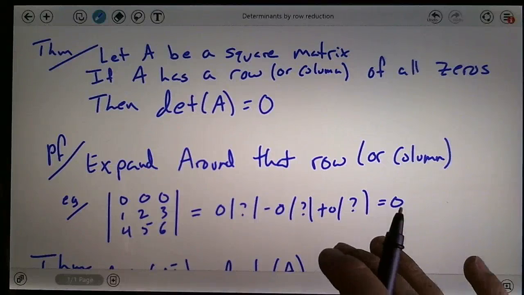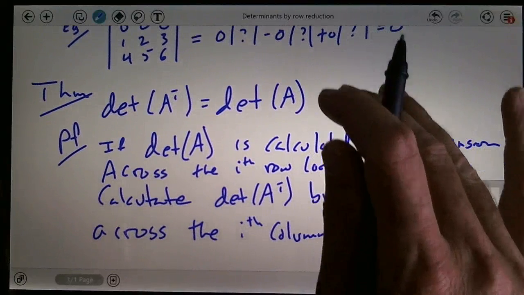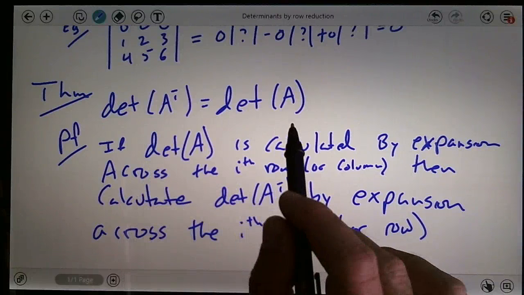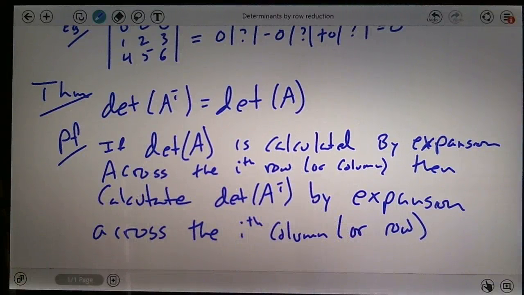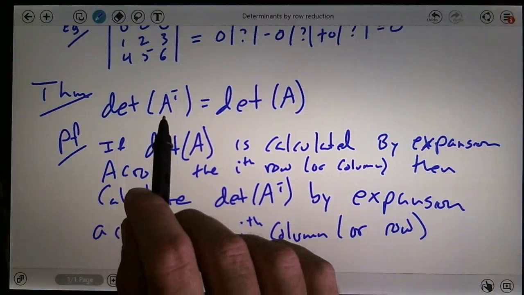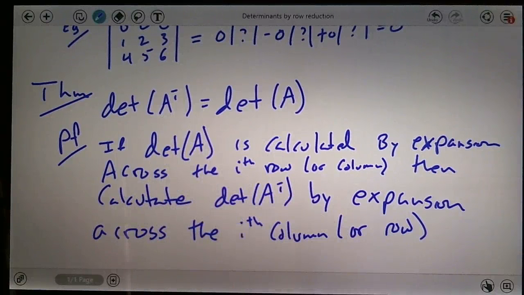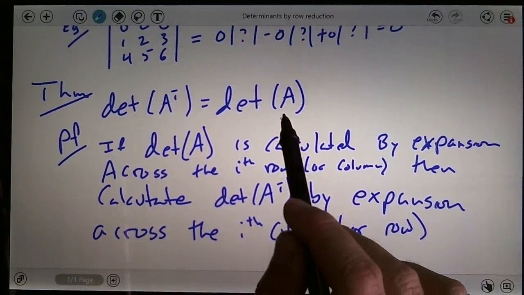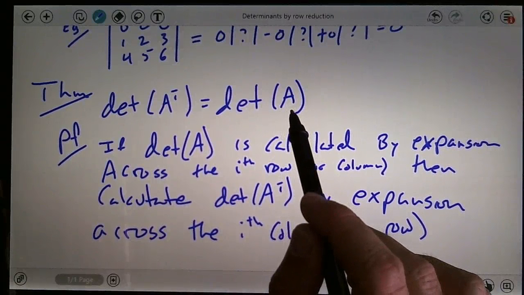Now, this result here, I think we talked about in class, that the determinant of A transpose is the determinant of A. And we can see this by just looking at how you find the determinant of A. You're going to do expansion across some row or column.